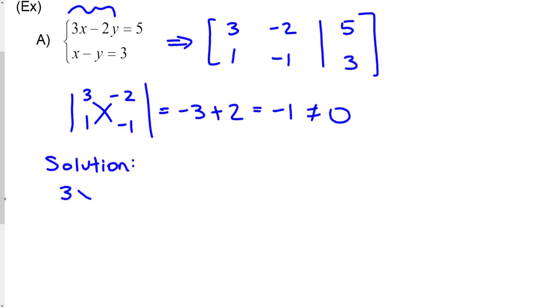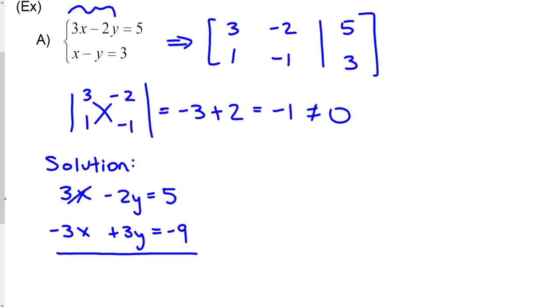So I'll take the first equation as is, and multiply the second equation by -3. So I would have -3x plus 3y equals -9. And that means the x's would cancel, and I get y equals -4.